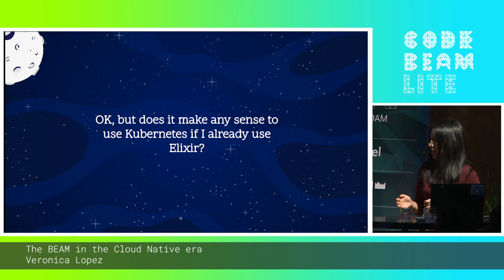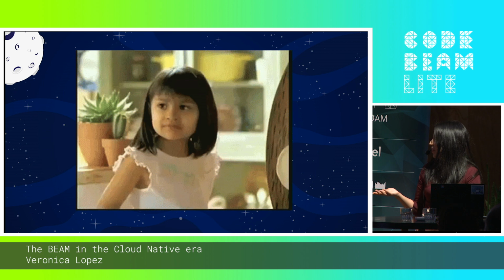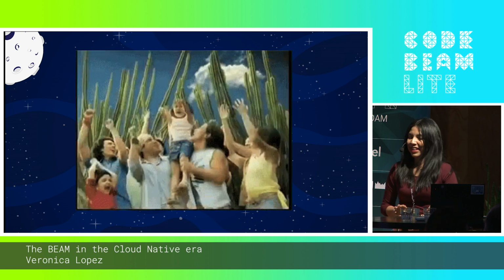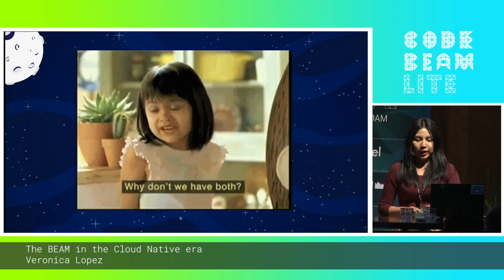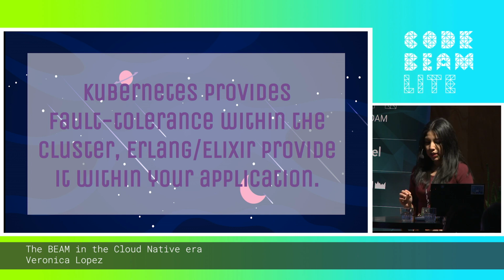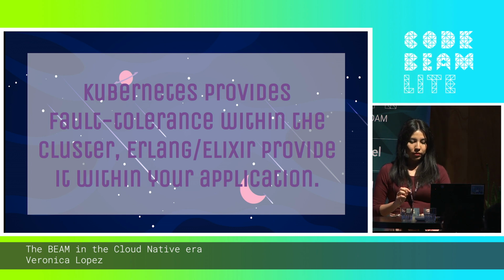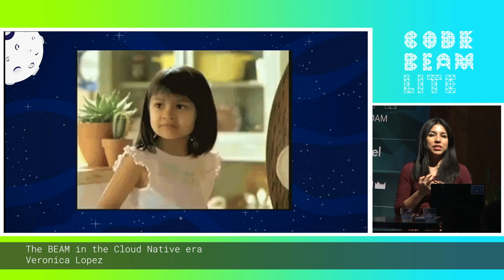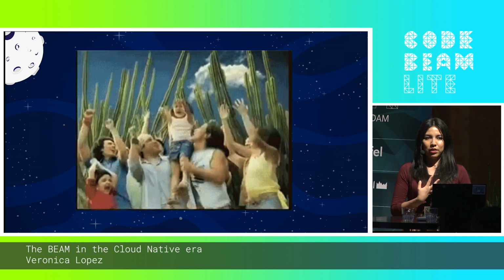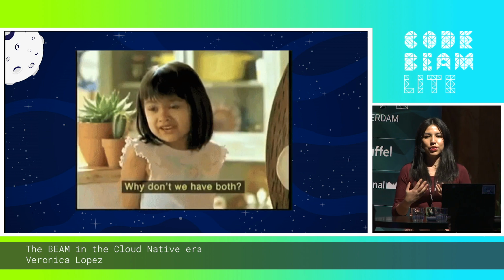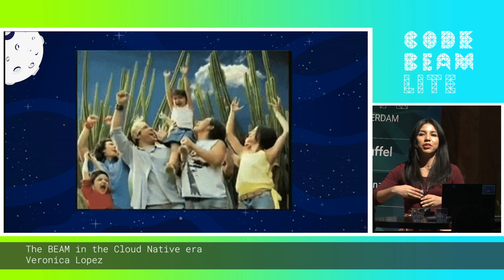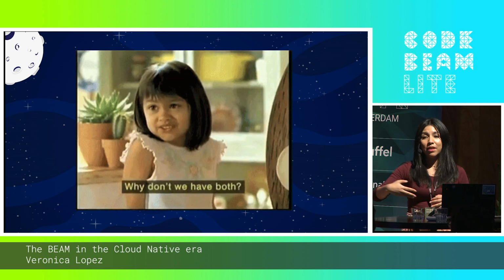What I always try to tell people is, why don't we have both? Let's go back to the basics. Things like Docker and Kubernetes were meant to be used just as the delivery phase of things, to make our lives easier.